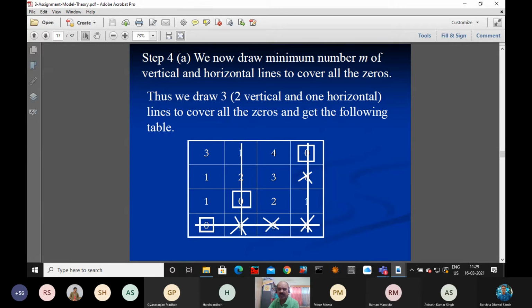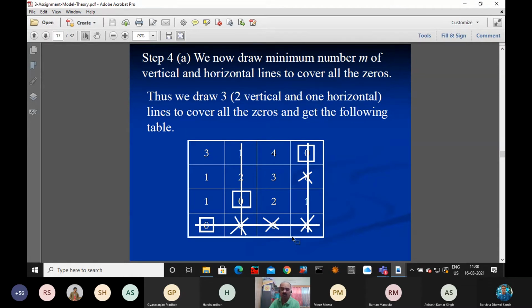Similarly, in the fourth column there is a vertical line, and in the fourth row there is a horizontal line. This is the crossing, so we add there too, and it becomes 1. So here it is 1, here 1, and the rest of the elements are 2, 0, 0, 3, 2, 1.